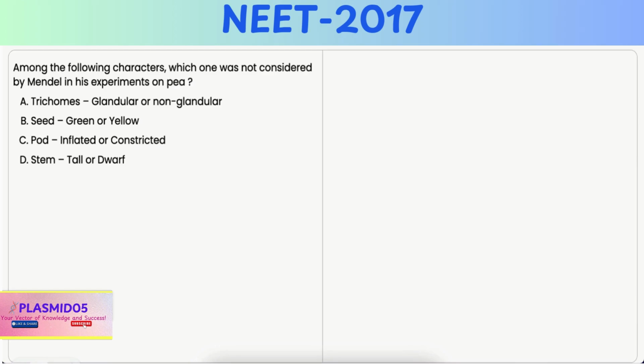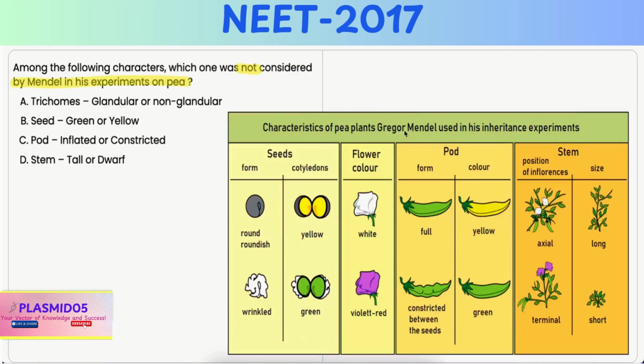In this question, you have to identify from among the following characters which one was not considered by Mendel in his experiments on pea. Now, Gregor Johann Mendel did not consider the presence of glandular or non-glandular trichomes in his experiments on pea plant.